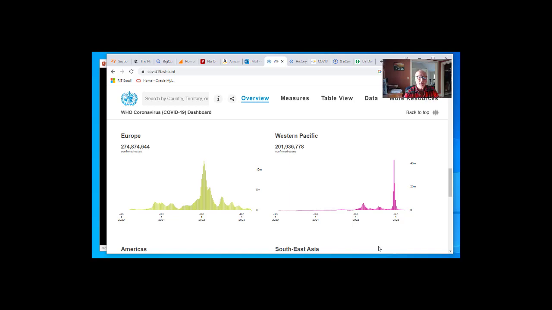And that's not true. Now, one misleading thing that we do have here is that when you look at Europe and Western Pacific, you're thinking, well, besides the timelines, these numbers are equivalent. But are they? And the answer is no.